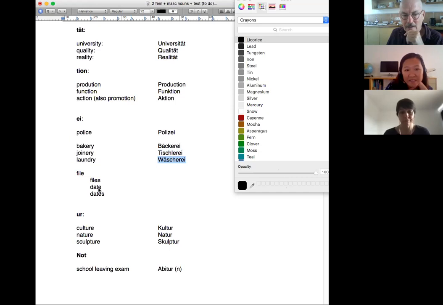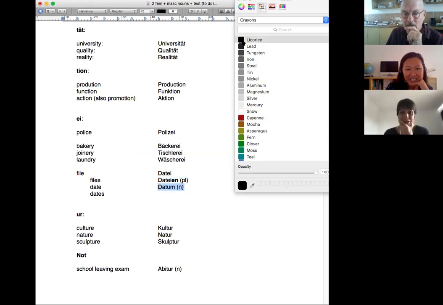File, files, date, and dates. You know what a file is? Like a computer file? Datei. Two of them. Files. Dateien. Okay. With en. The date. Datum. Gender? Have no idea.